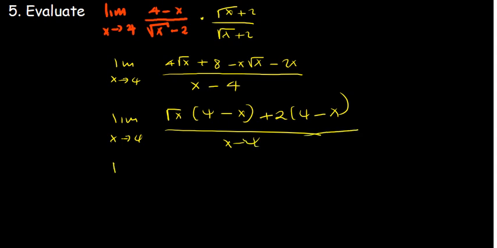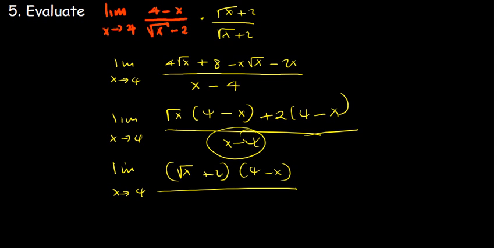And this will give us a limit as x approaches 4 of the root of x. I'll put these now which are outside together, because what is inside is also the same. Root of x plus 2, and then we have got 4 minus x. What is in the denominator, I want to write it also in terms of 4 minus x, so I can factorize out a negative, and that will remain now positive 4, and then a negative x.